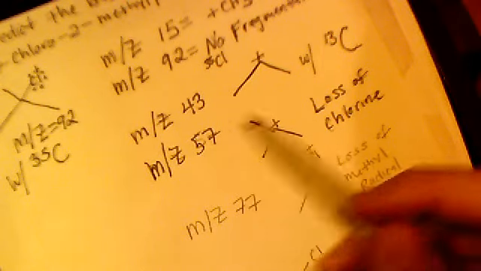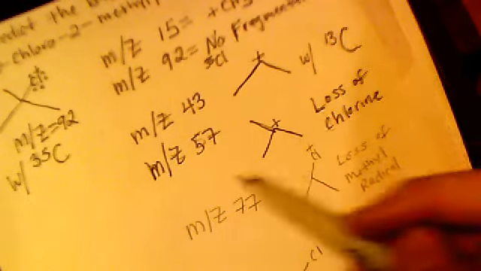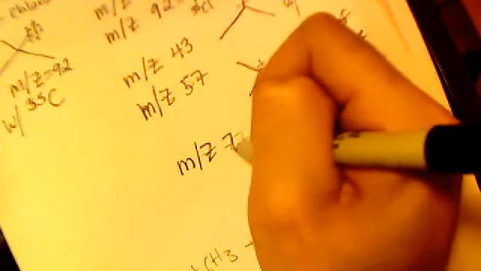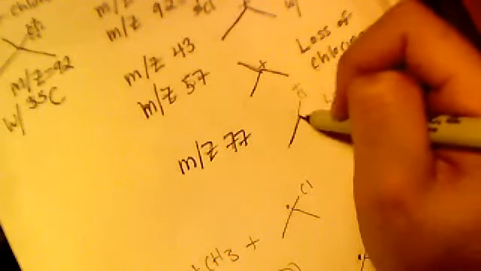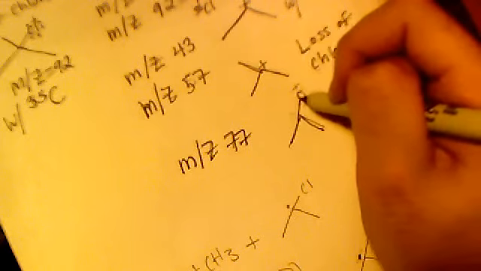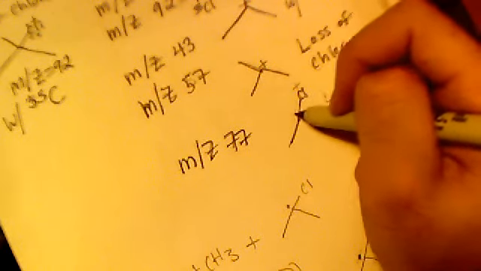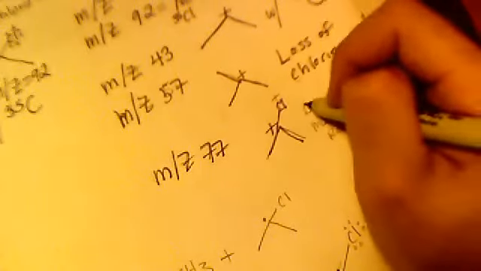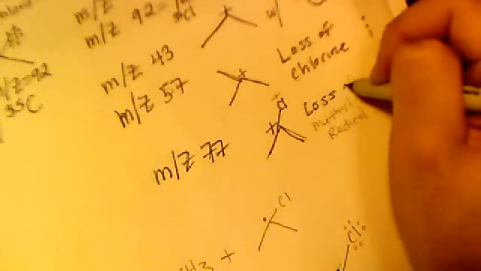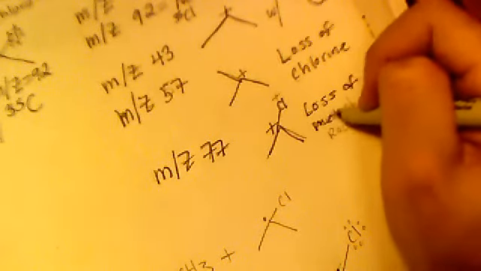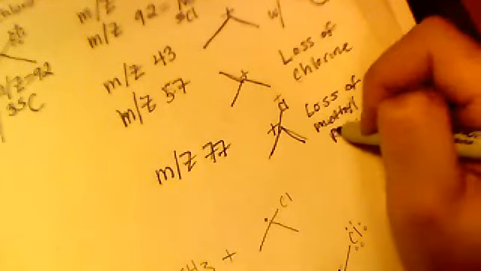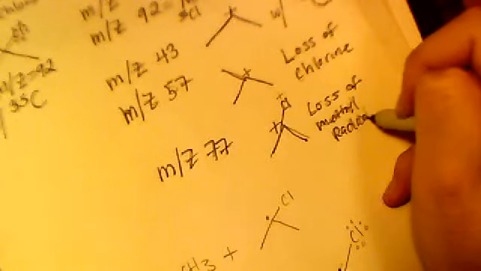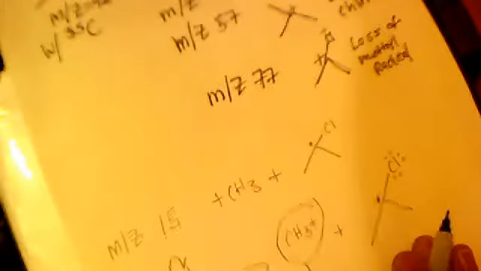When you count everything up, it's 57. And then the last one is mass over charge 77. And in order to get that, that's a loss of a neutral methyl radical, right? So we want to figure out which one of these mechanisms is the most likely to happen.